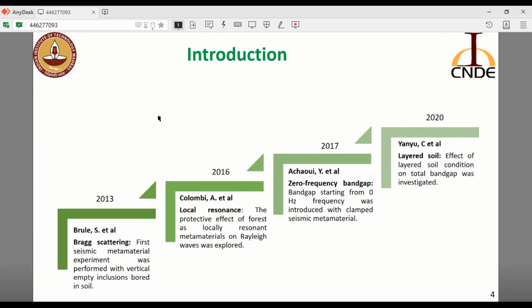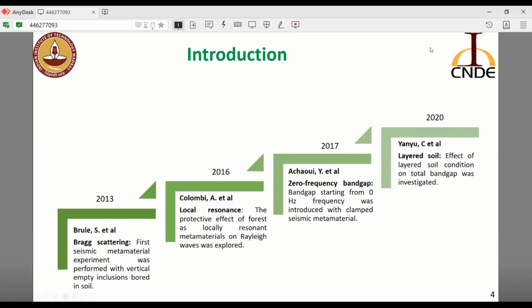Later on, researchers have done studies for zero frequency band gap, where they have used clamping of metamaterials. Earlier, researchers were doing it simply, putting a simple resonator in soil and studying how much band gap is created.